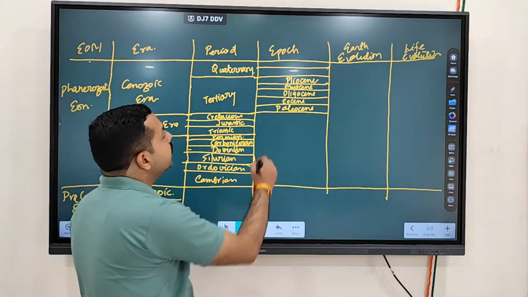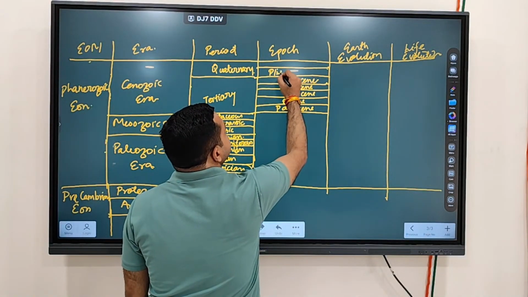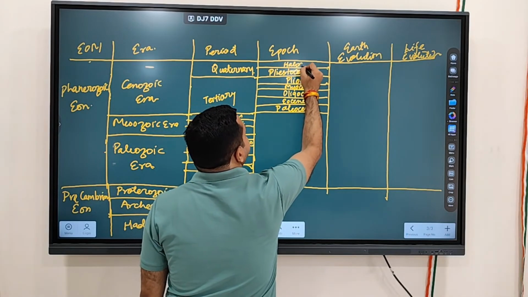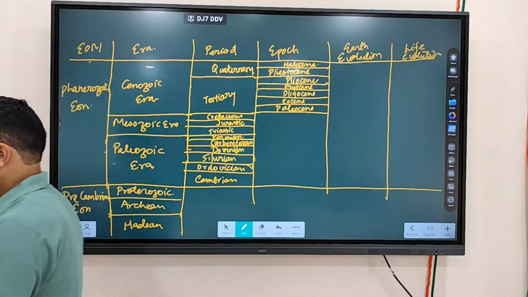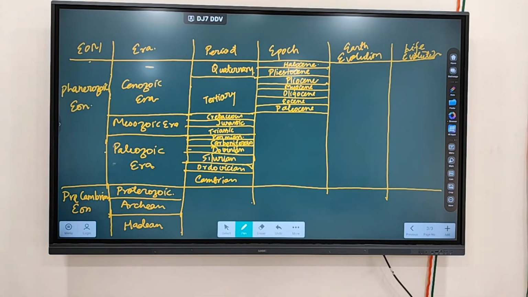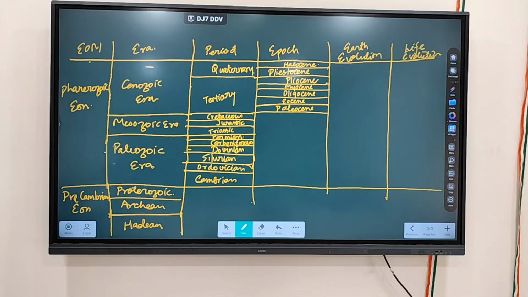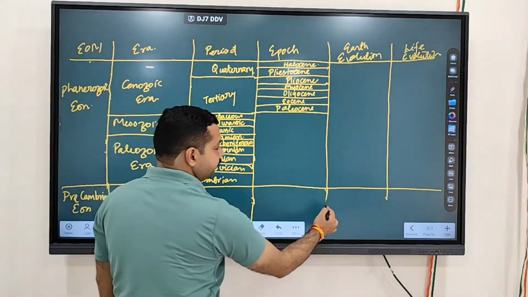And the Quaternary is divided into Pleistocene and Holocene. Fine. So this is the division that you have to keep in mind.